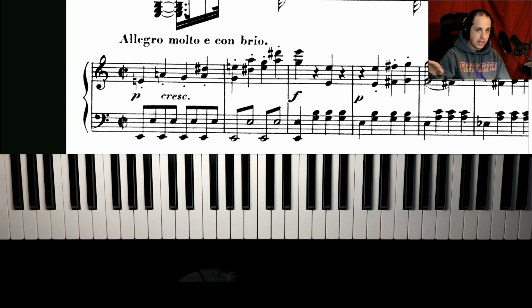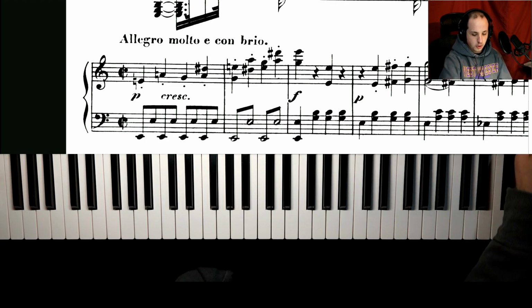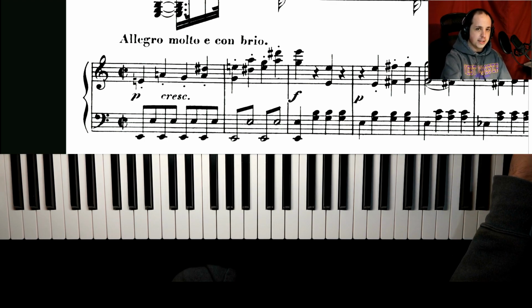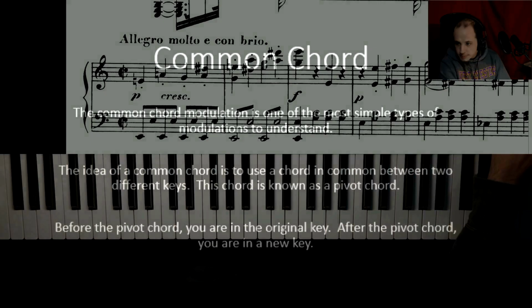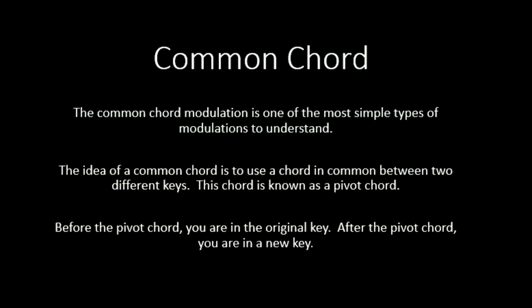So you wouldn't be able to use that as a common chord. Let's go into it in a little bit more detail, and let me show you an example. By the way, the chord that you use to pivot or change between both keys is called a pivot chord.